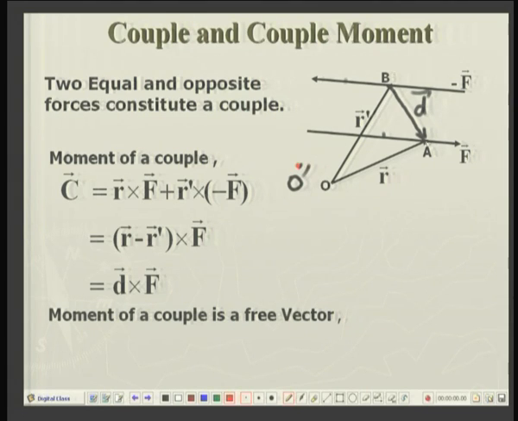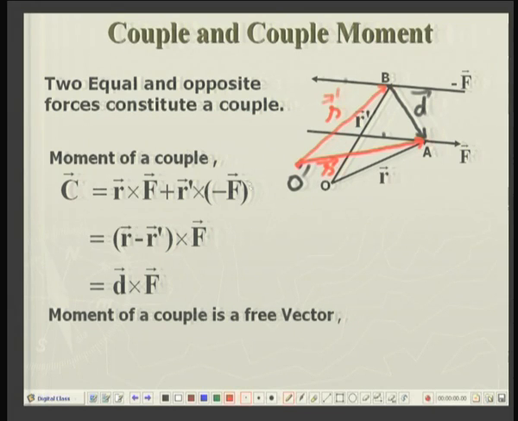So, why not choose the same points, B on the force minus F vector and A on the other. The corresponding vectors will be, let us say, vector S dash, and then I join with A. So, this I will call vector S. Okay.